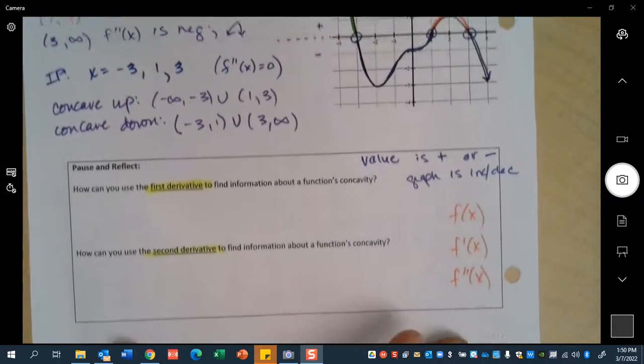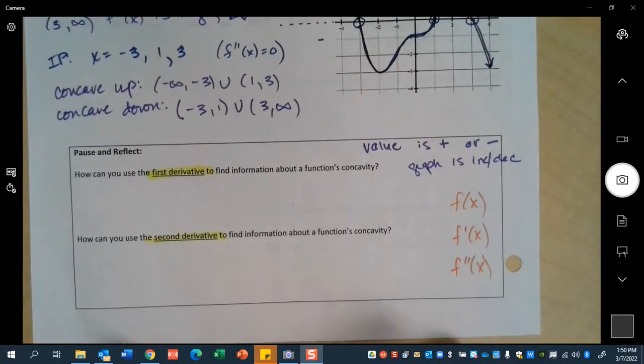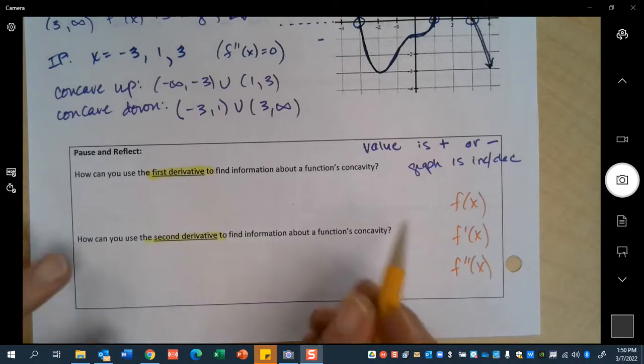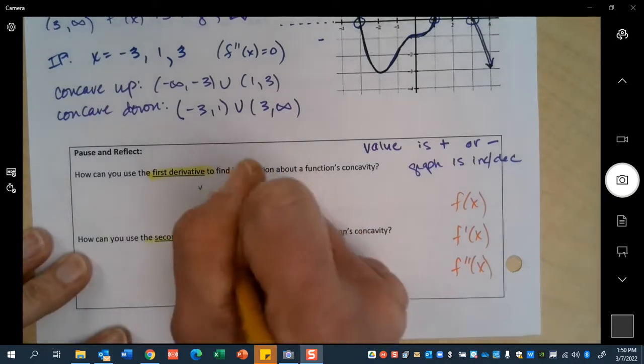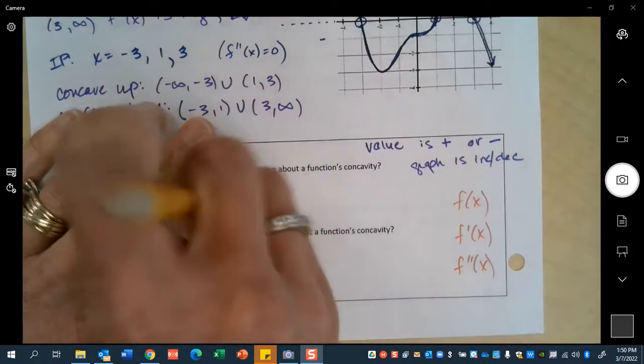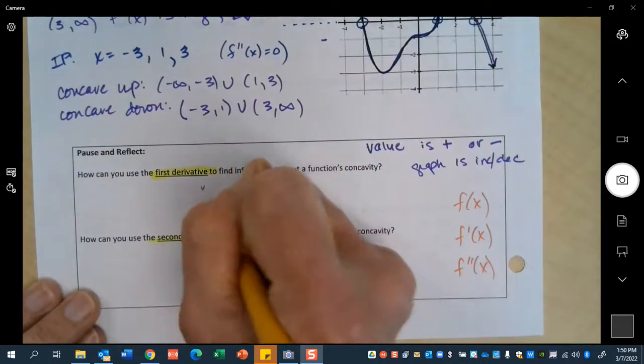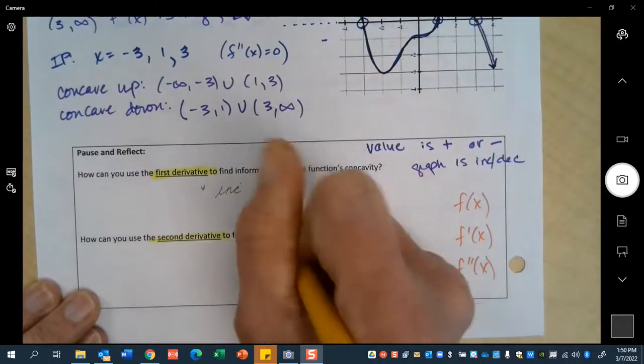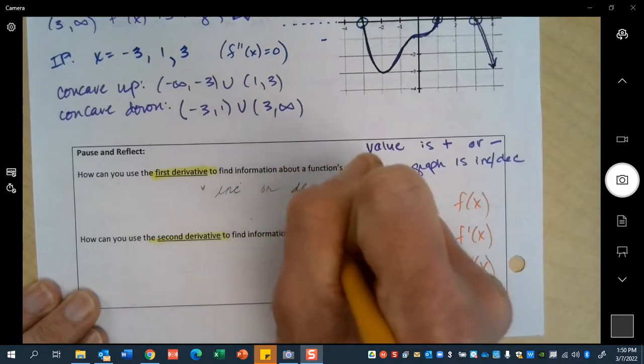So what we wanted you to look at here was how can you use the first derivative to find information about a function's concavity. I need to look at whether my first derivative is increasing or decreasing.